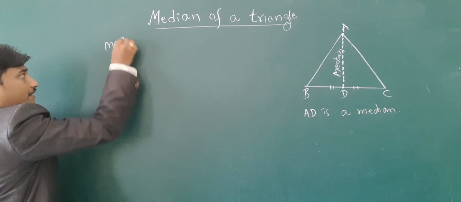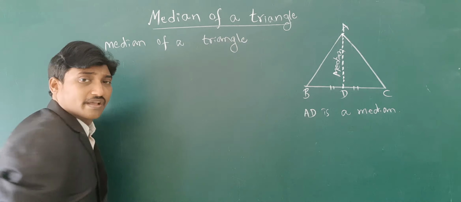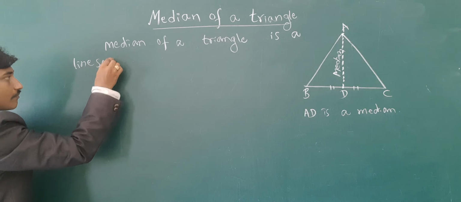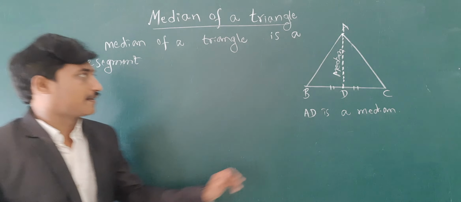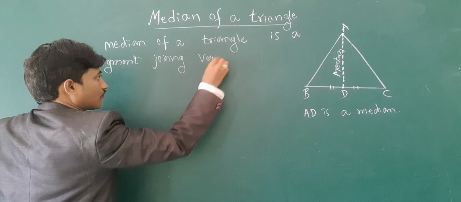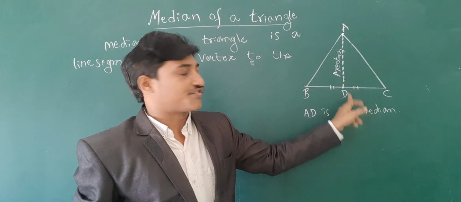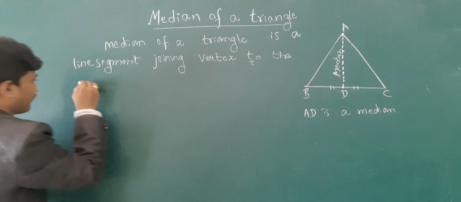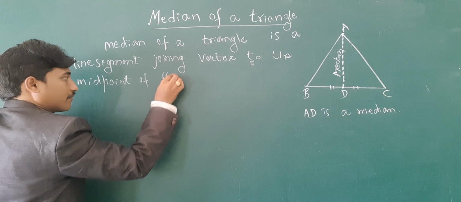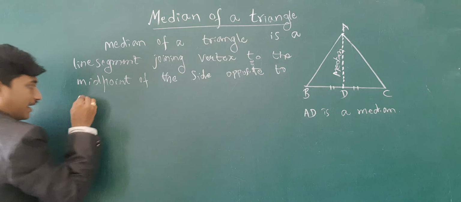Let us define the median of a triangle: it is a line segment joining a vertex to the midpoint of the side opposite to that vertex.